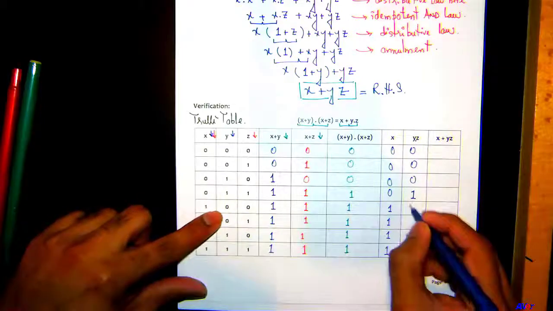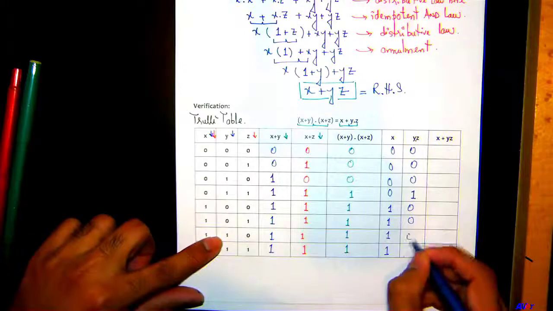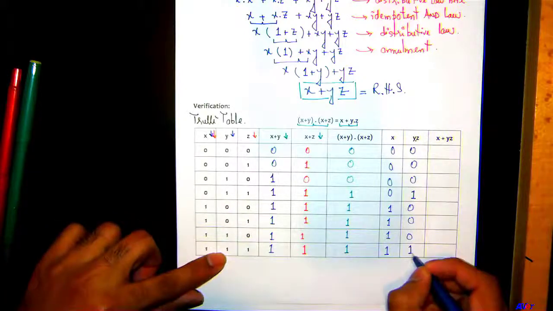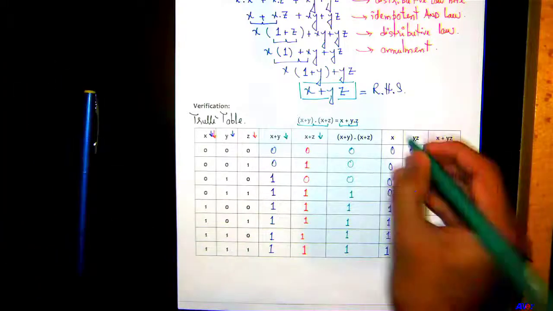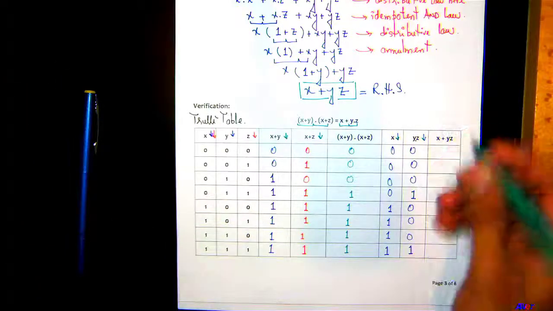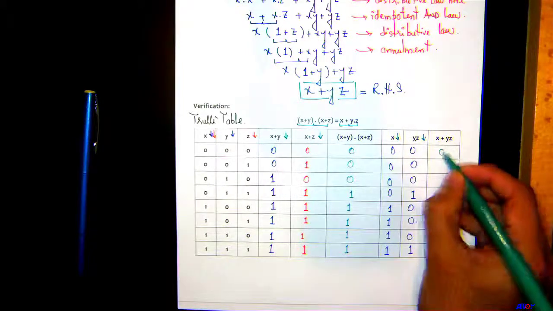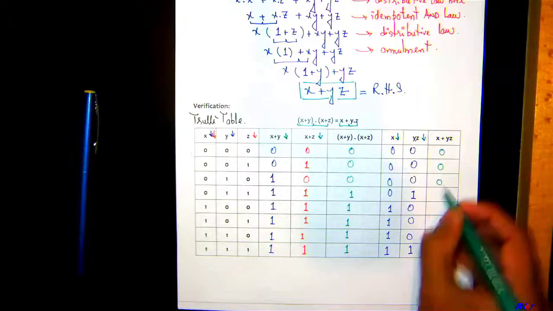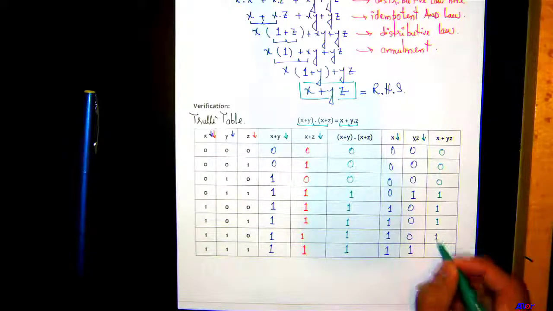0, 0 gets you 0. 0, 1 gets you 0. 1, 0 gets you 0. And 1, 1 gets you 1. And then x plus yz, which is basically this and this. And we are going to perform OR logic here, right? Any of the input high, output is going to be high. 0, 0, 0. 1, 1, 1. 1 and 1.